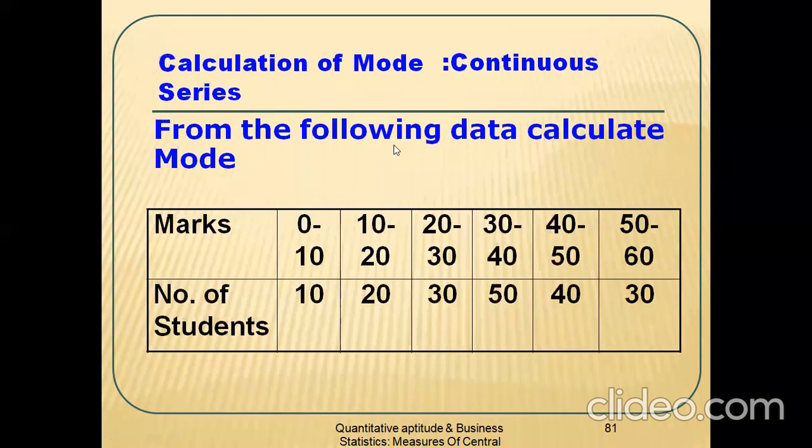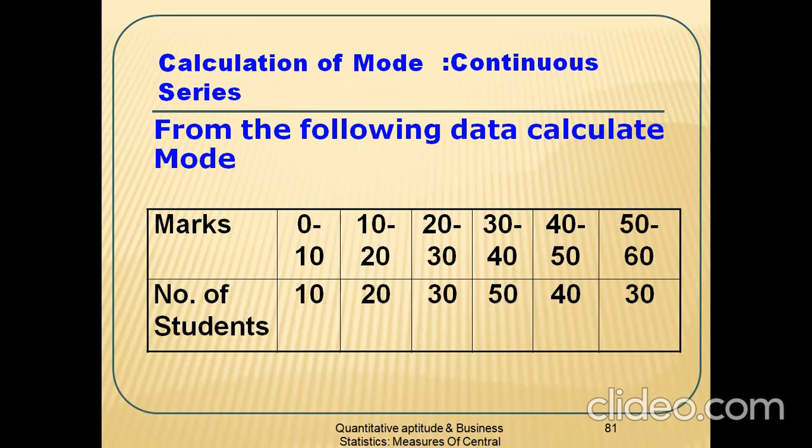Okay. Now there is a data given to you. Can you calculate mode? 0 to 10, 10 to 20, 20 to 30, 30 to 40, 40 to 50, 50 to 60. Number of students is 10, 20, 30, 50, 40, 30. Can you calculate mode? It is continuous data.